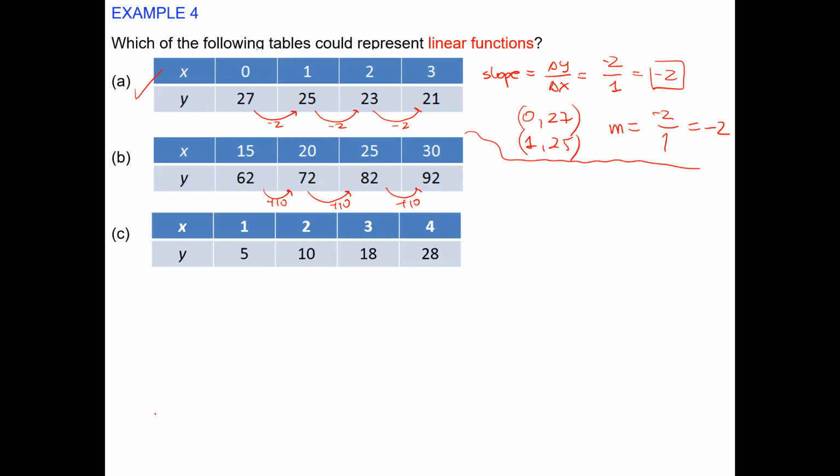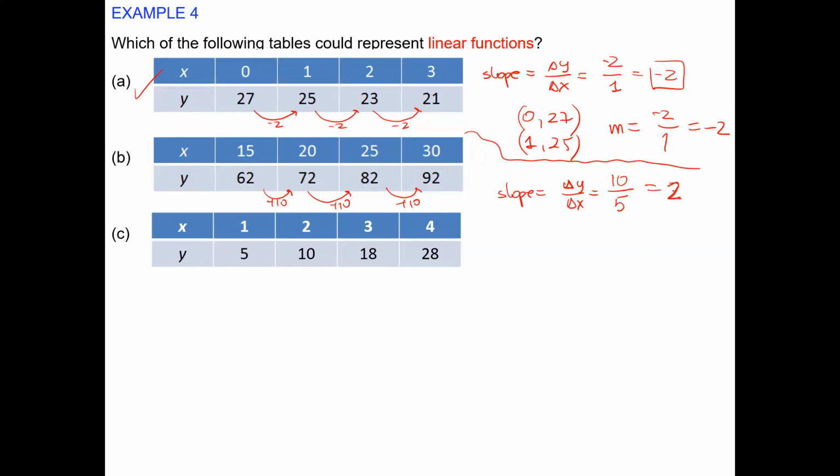Now let's see what the slope is. Change in y over change in x. The change in y is adding 10, so we rise by 10, and the run is 5. That means the slope is 2.